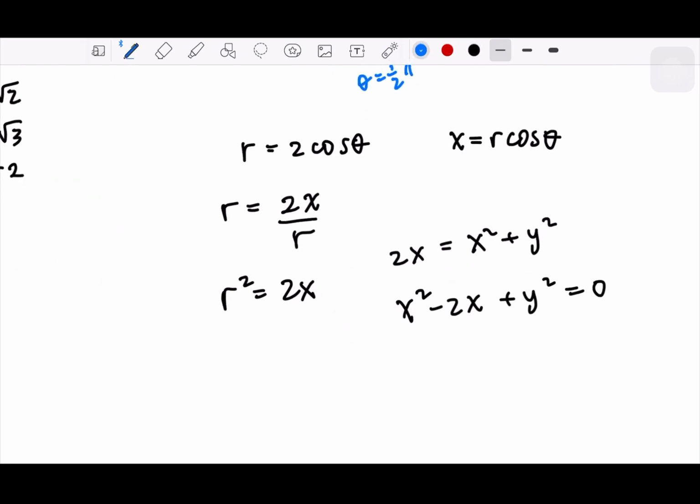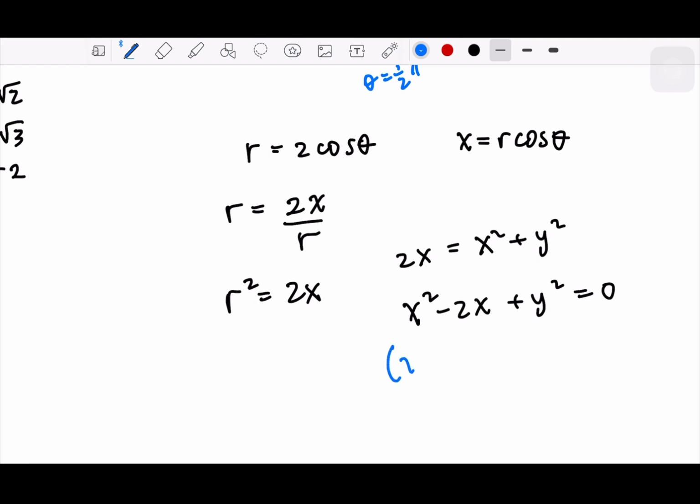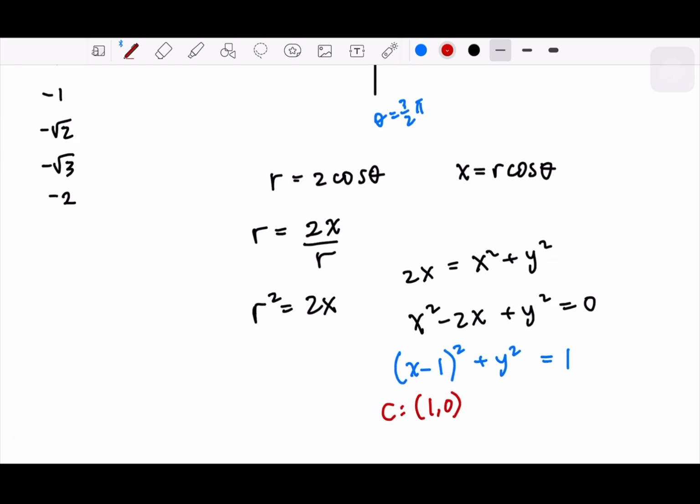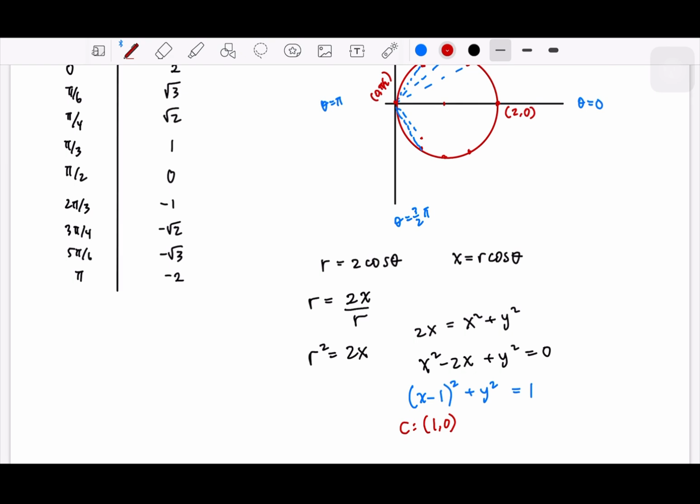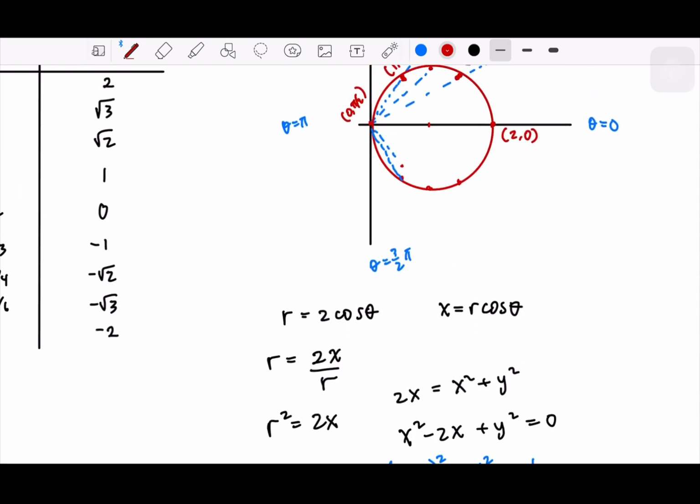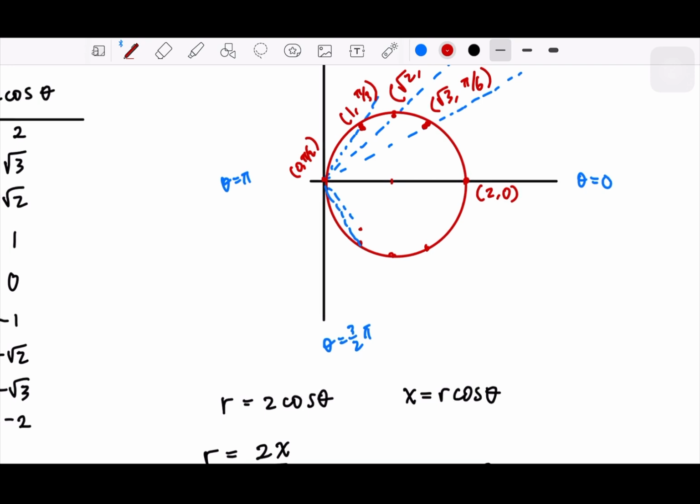And we can take the standard formula for a circle from here. So this will be centered at 1, 0. Now it seems that it's perfectly aligned with our circle here. So if we change the background with the Cartesians, it's perfectly centered at 1, 0. But remember, this is in polar.